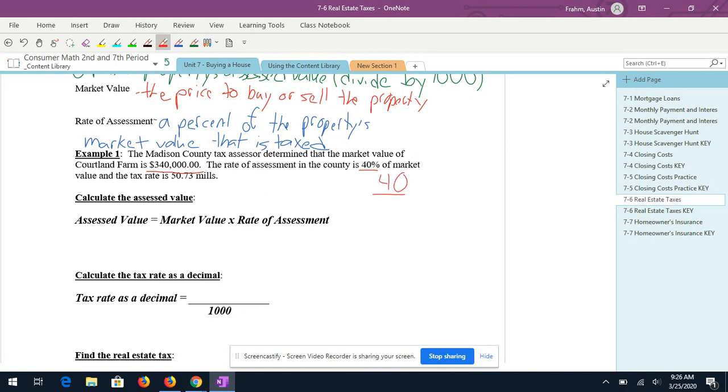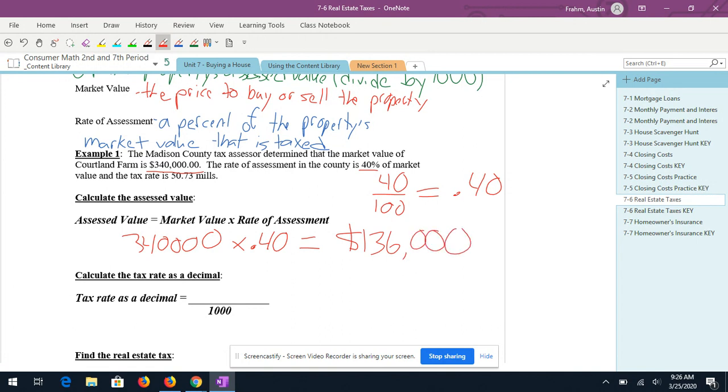So if we divide 40 by 100, we get that decimal, which we will use, which is 0.40. So we're going to take 340,000 and multiply it by 0.40. So our assessed value is $136,000.